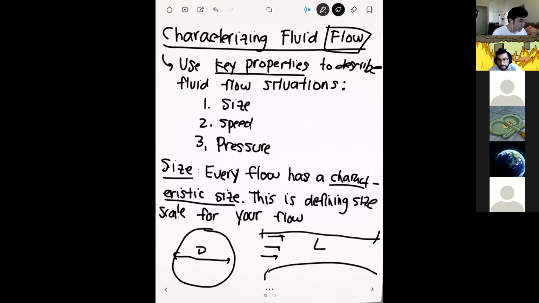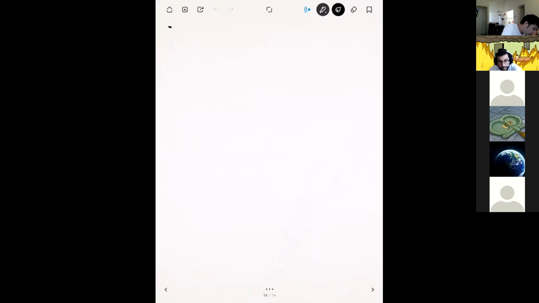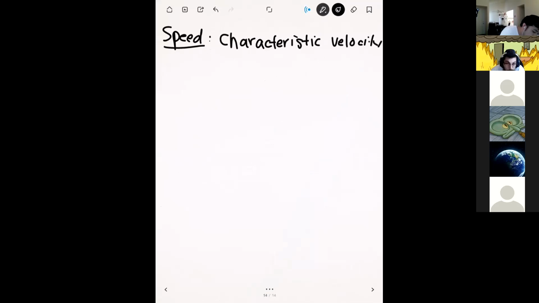Okay. All right, so now let's do speed. Just like how there's a characteristic size, there's also a characteristic velocity. And so this describes generally how fast the fluid is moving in your system.